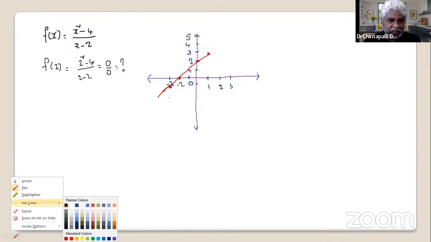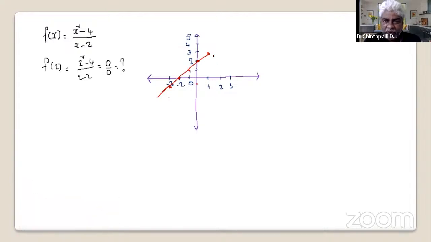So what should be done? For example, it is possible for x equal to 1.9.